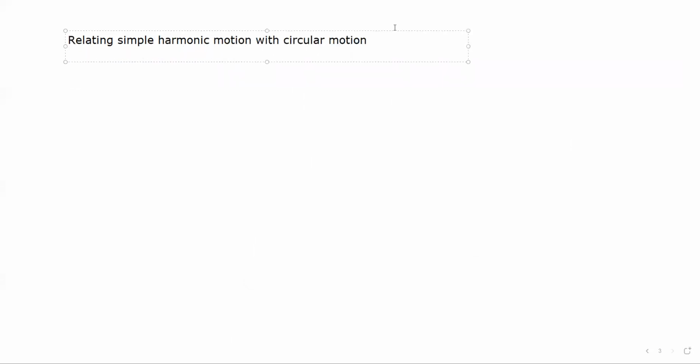If you remember the formulas for circular motion, what is the formula? The centripetal force, which for circular motion is F equals m v square over r, and we know v is equal to r omega.